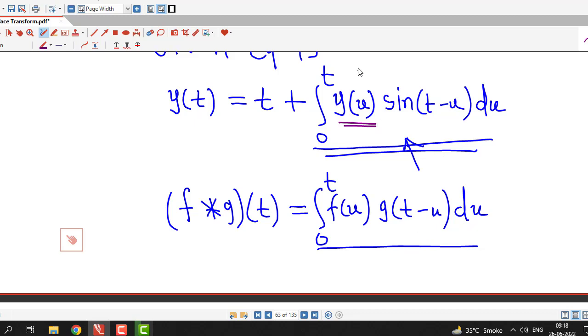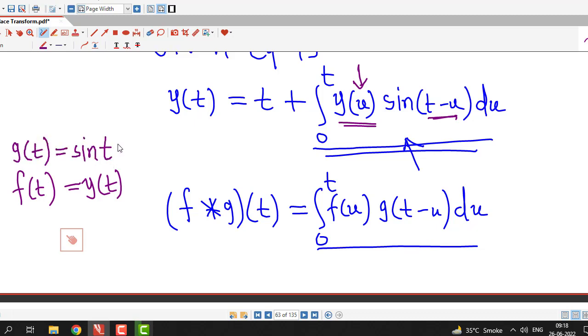You can see in this we have variable u and here we have t minus u. So from this we may have the idea that we should consider function f as the unknown function y and function g as the sine function. Suppose I consider f of t equal to y of t, then f of u will be equal to y of u.